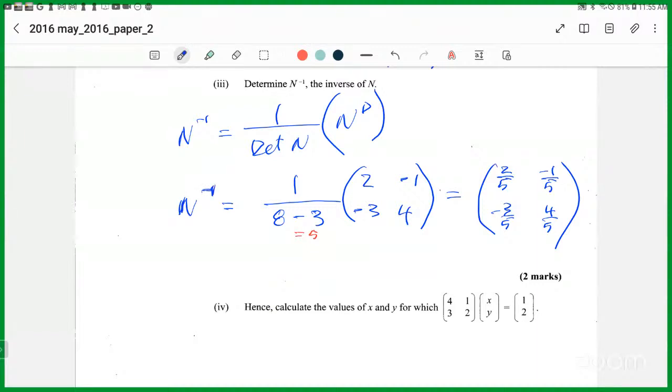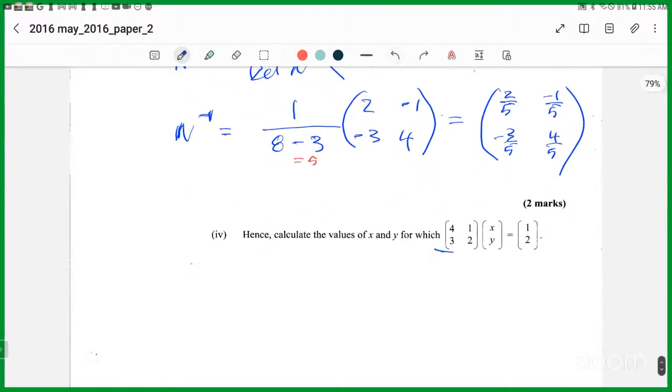All right, but if I'm going to calculate using N to the minus 1, I'm going to use this one and leave the 1 over 5 for last, which is what we're required to do here. Hence means you have to use this result. I use N to the minus 1 to solve for x and y. It's the same transposition: this matrix will come in front here as the inverse.